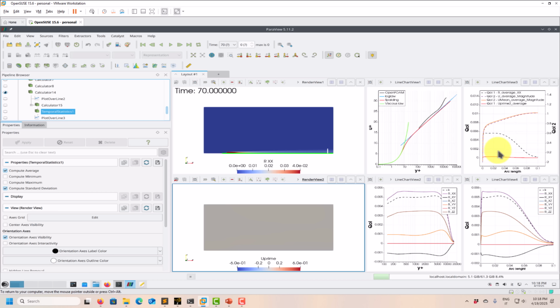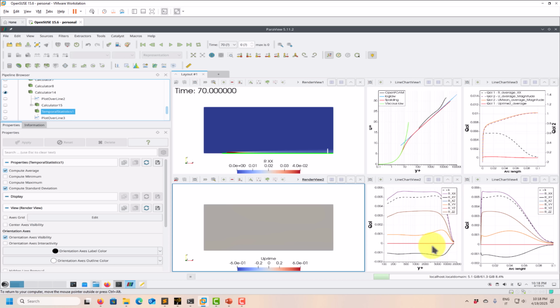So I think later we're going to do some videos using DNS data, and we're going to see how to do all this stuff, compute all Reynolds stresses and get the budget. We're going to have a lot of data available, so that's why we will be able to do it. Then here, this is to show you your Reynolds stresses, with all the components, xx, xy, xz, and so on.